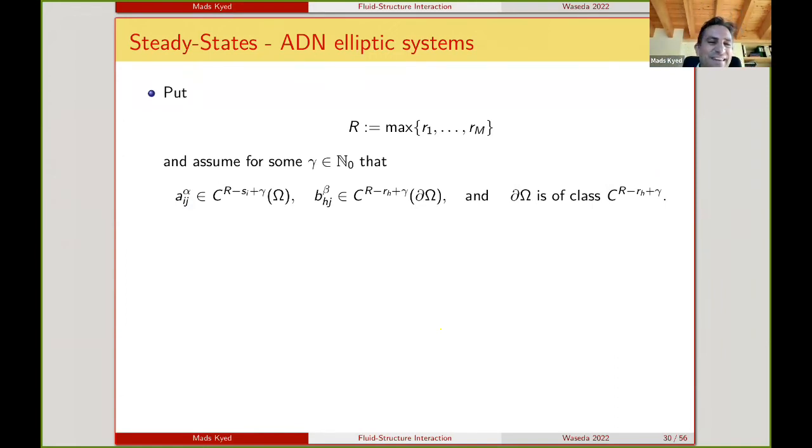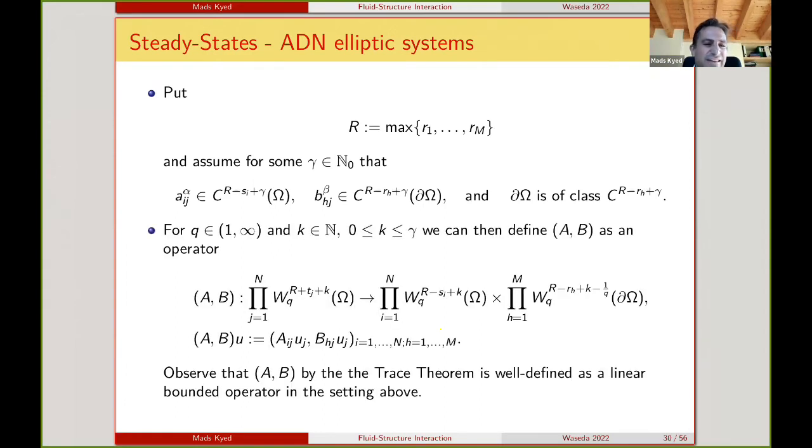So we introduce an R, which is the maximum of the weights, and we use the R here to assume sufficient regularity. And now we define the setting of Sobolev spaces. So basically, the orders of the Sobolev spaces that you see correspond to the weights we have chosen.